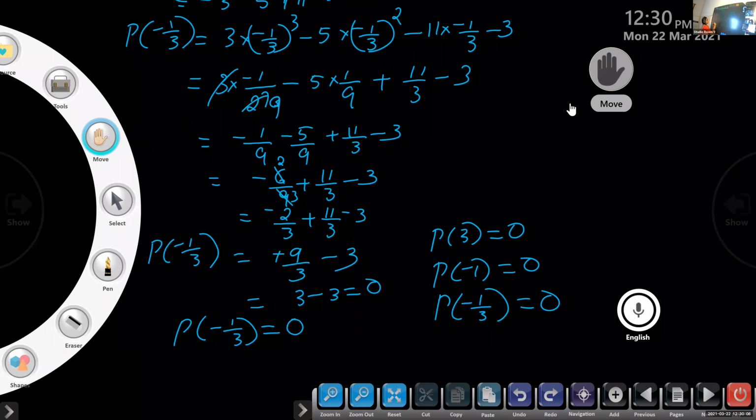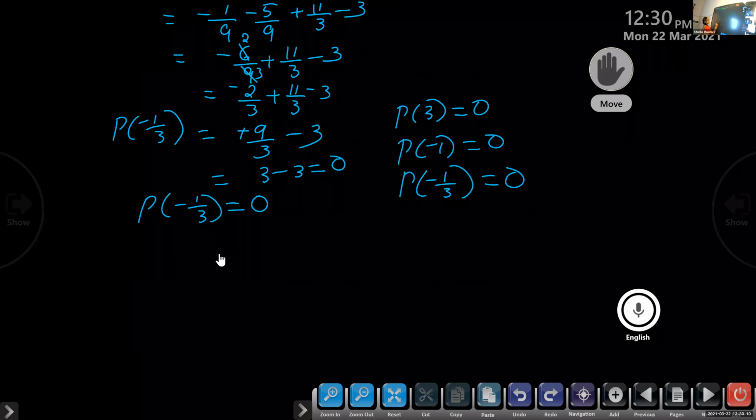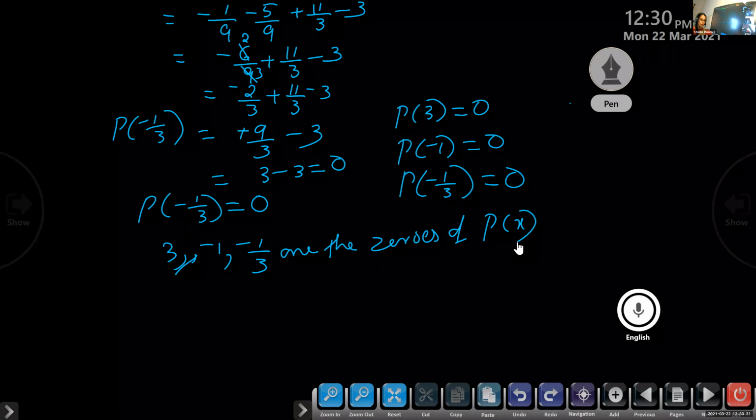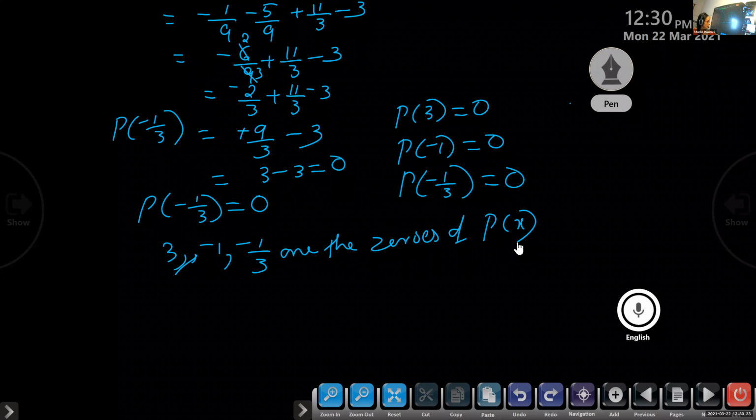So we can say that 3, -1 and -1/3 are the zeros of P of x, because P of 3 equal to 0, P of -1 equal to 0, and P of -1/3 is also equal to 0.